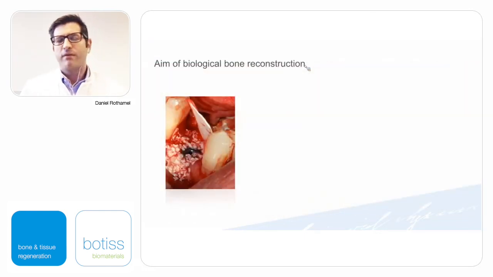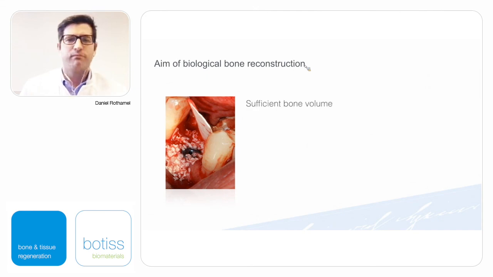When we think about the aim of biological bone reconstruction, of course, the first thing you can consider is that we want to have sufficient bone volume in both vertical and horizontal dimensions. And we know that we need to have at least 1 millimeter of bone on the oral aspect and 2, maybe even better, 3 or 4 millimeters of bone on the buccal aspect.